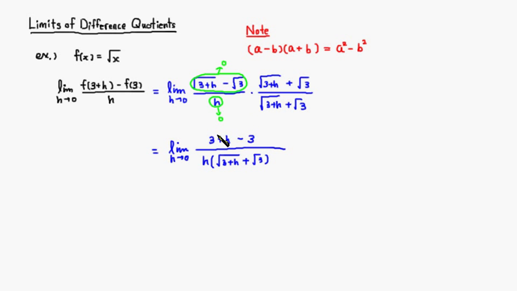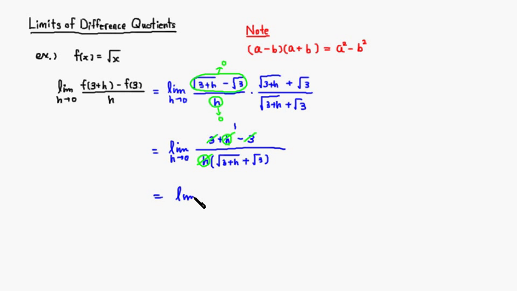You have 3 there, and you can cancel it with the minus 3 there. Right? And also you have h on top here and h on the bottom here, so we can cancel those out, so you're going to have 1 on top. Right? So let's clean up a bit first before we plug in.